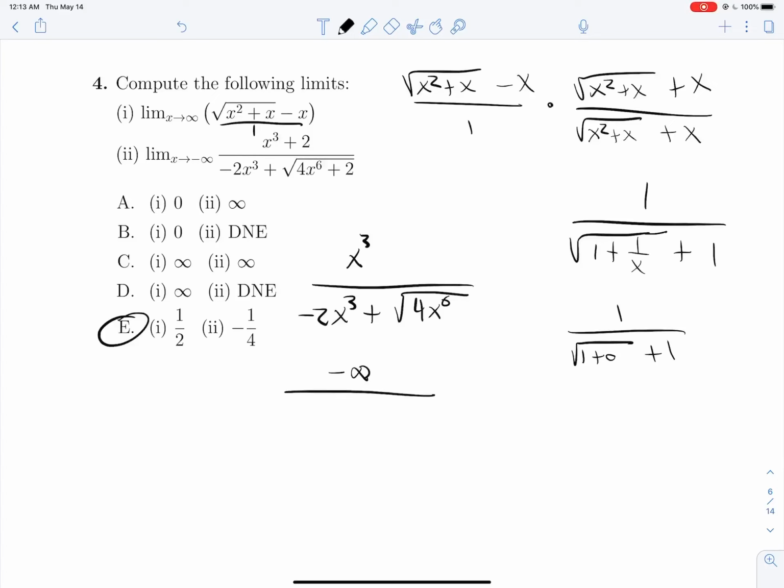It's a higher infinity, whatever. That gets a little crazy pretty quick. So then we have negative 2 times infinity cubed. We'll just call that negative 2 times negative infinity, or just 2 times infinity. And then we have plus the square root of 4 times negative infinity to the 6th power. That's just yet another infinity. And the square root of 4 infinity, we'll just call that 2 infinity. And what does this evaluate to?